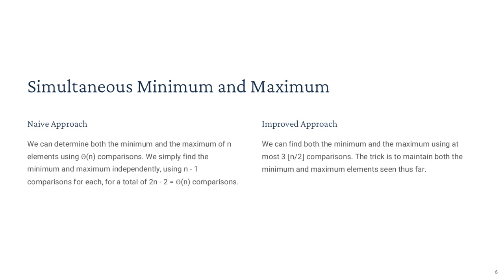For each pair of elements, the smaller one is compared with the current minimum, and the larger one is compared with the current maximum. This approach ensures only 3 comparisons are needed for every 2 elements. For an even n, this strategy directly applies. For an odd n, an extra comparison is needed for the unpaired element, but the total number of comparisons still does not exceed 3 times the floor of n/2.